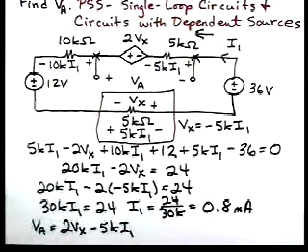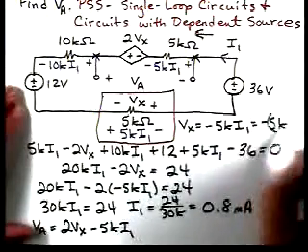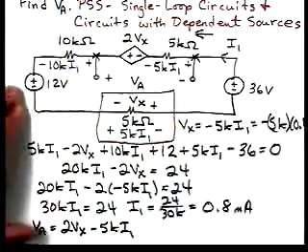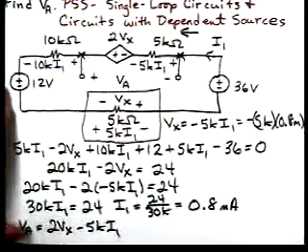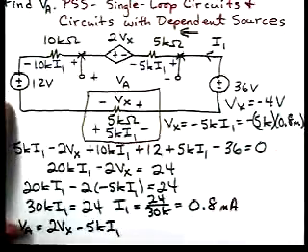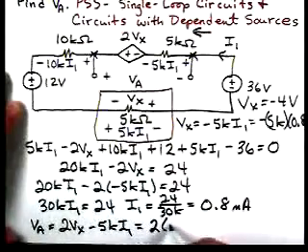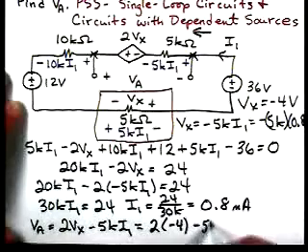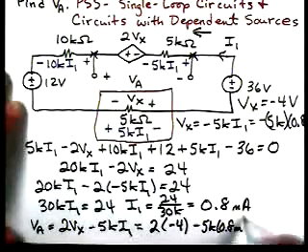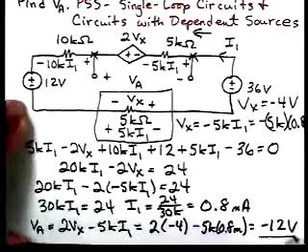That's from Kirchhoff's voltage law. Now Vx is minus 5K times 0.8 milliamps, which says that Vx is minus 4 volts. So now we have 2 times minus 4 minus 5K times 0.8 milliamps, and that turns out to be minus 12 volts.